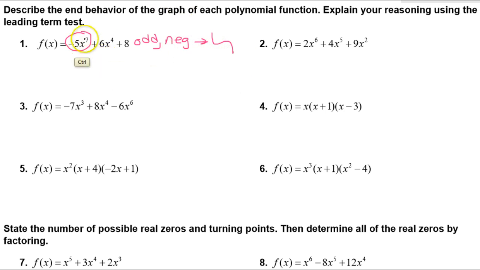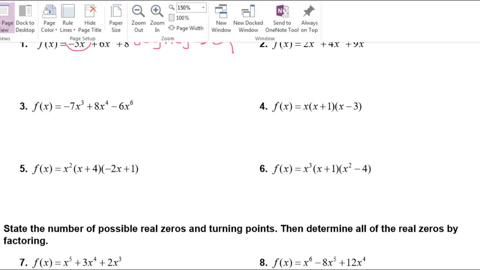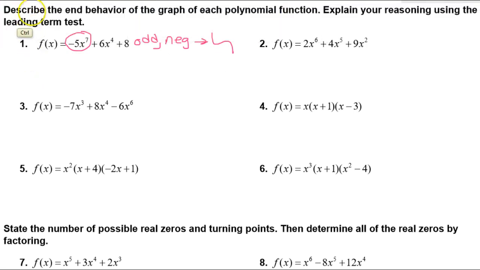Remember that for the odd ones, one side is up and one side is down. Focus on the right-hand side. If it's negative, then the right-hand side will be down.